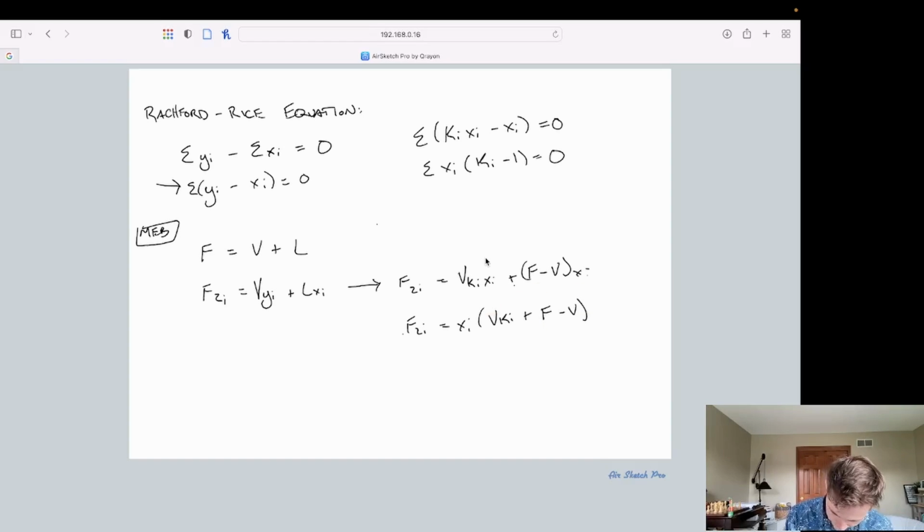So xi equals the feed divided by F minus V.